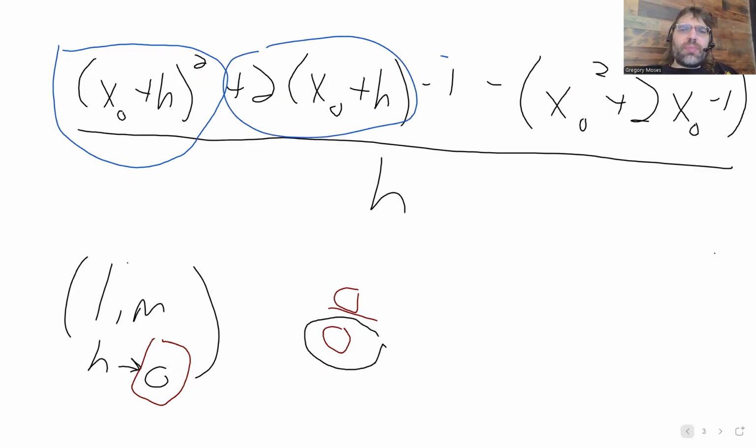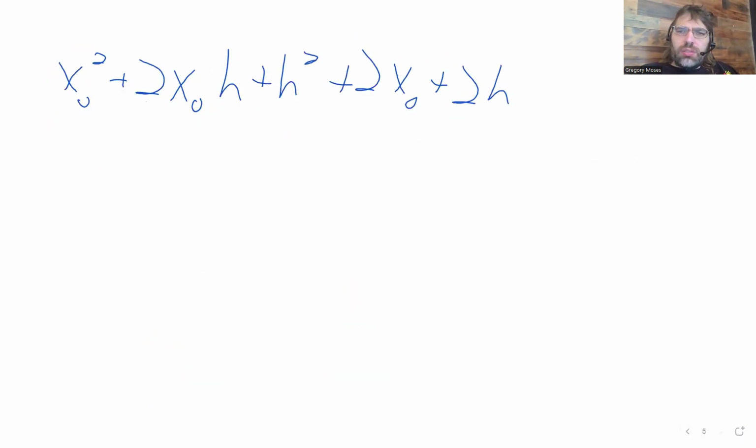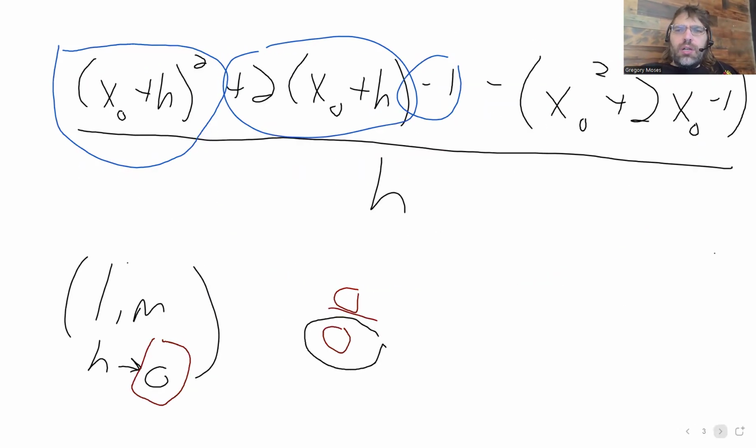That was that. Minus, and now this negative sign, of course, distributes over everything.